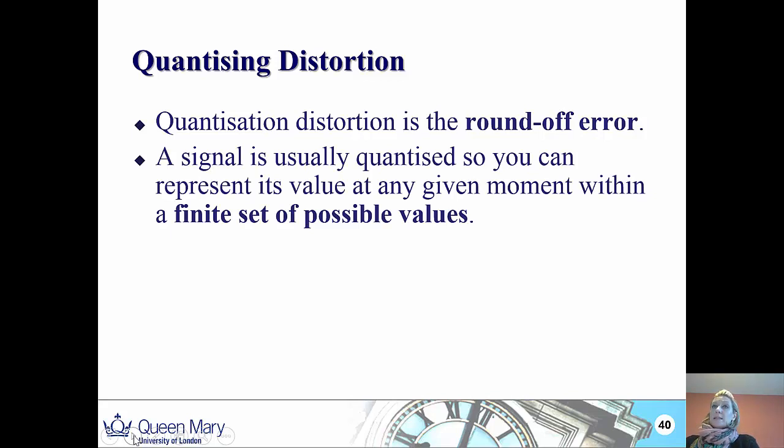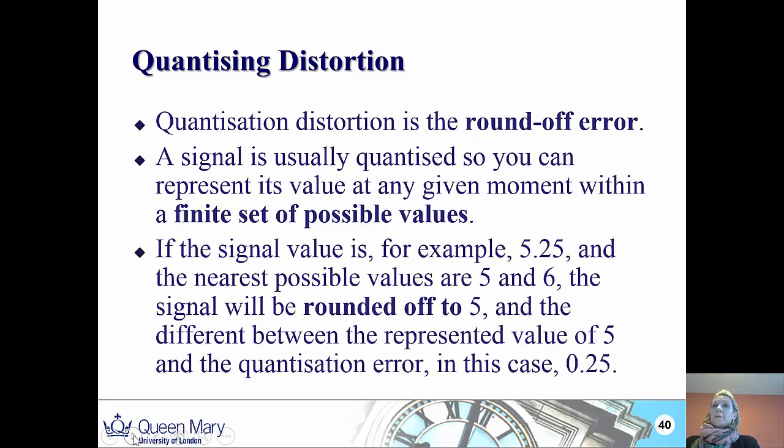Okay, so this signal is representing the value at any given moment within a finite set of possible values. So we want to restrict the range of values which are actually captured in the continuous signal. We want to restrict those in order to communicate them within a finite set of possible values, which are the digitized values that are communicated.